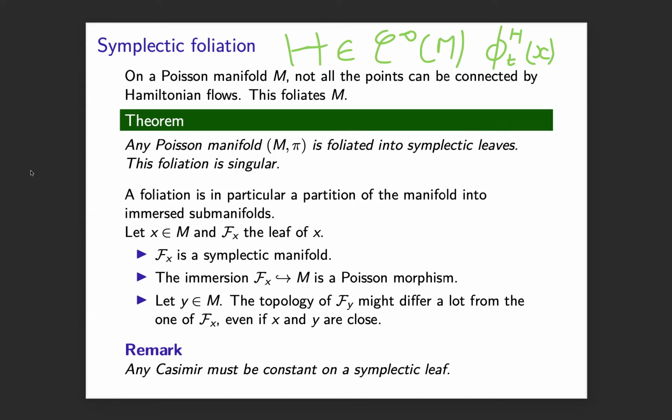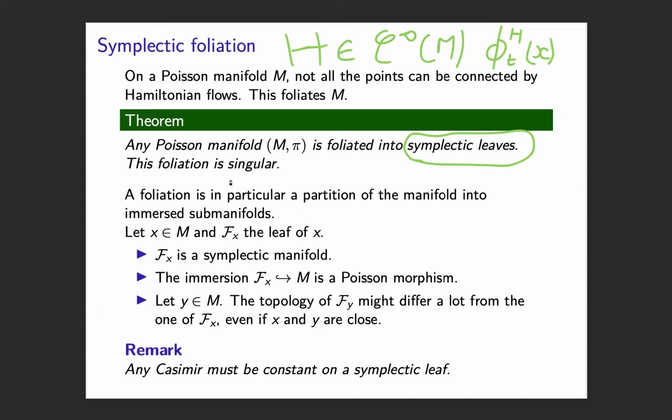Well, the leaves are called symplectic because if you restrict to a leaf, you kill all the singular directions, and therefore a Poisson structure which has no singularity, which has no degeneracies, is symplectic. So that's why leaves are called symplectic. They have a natural symplectic structure provided by the Poisson bracket.